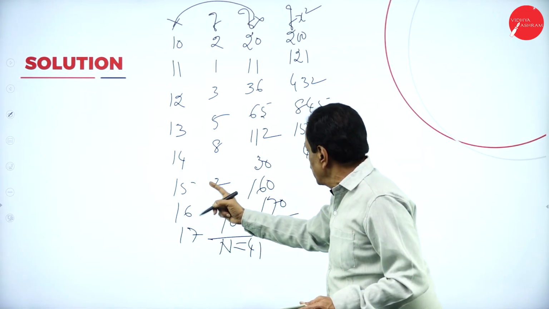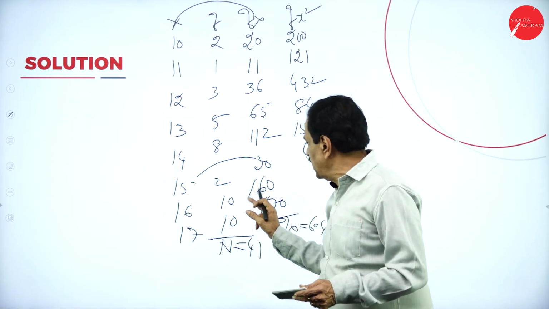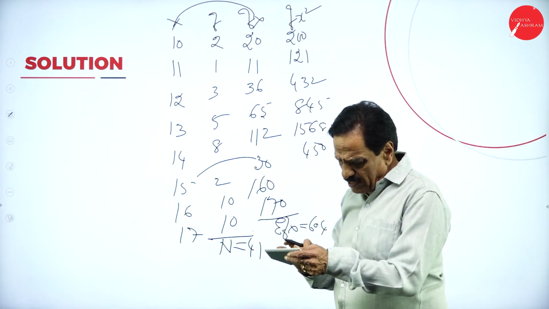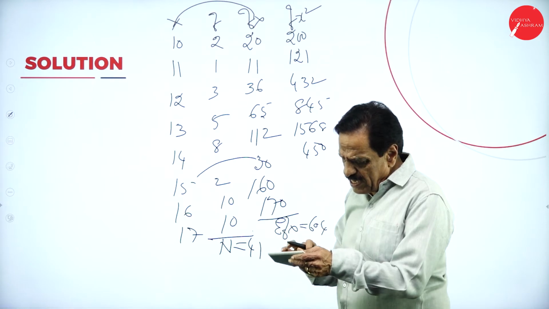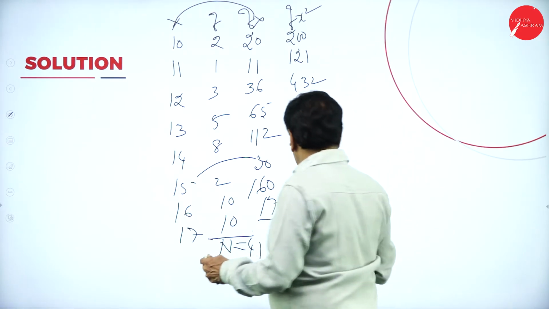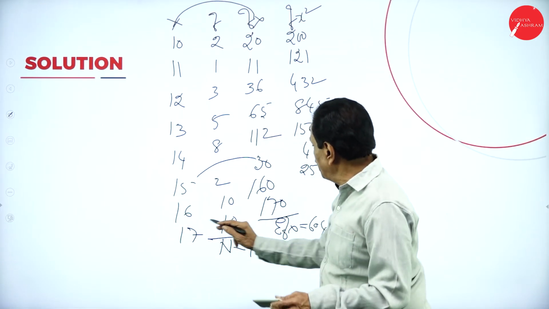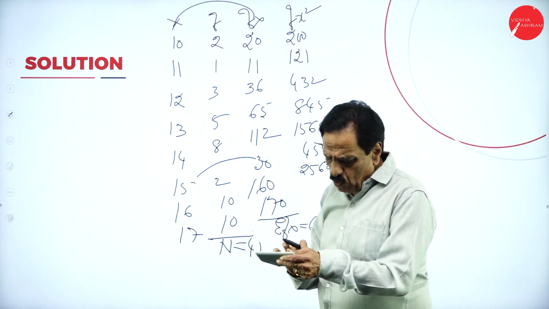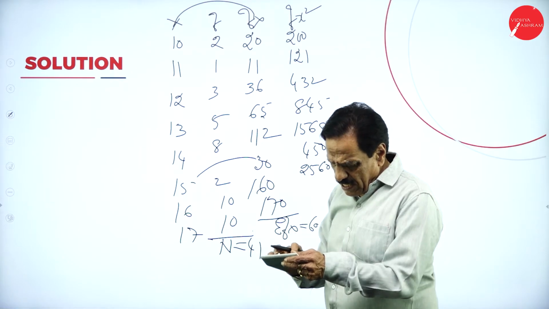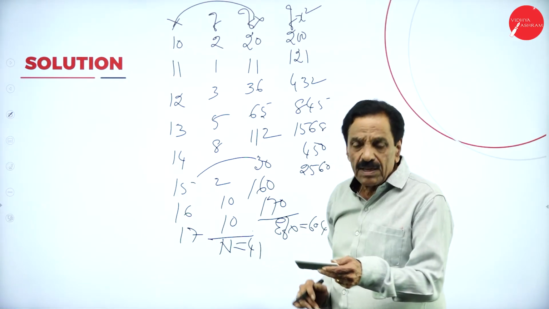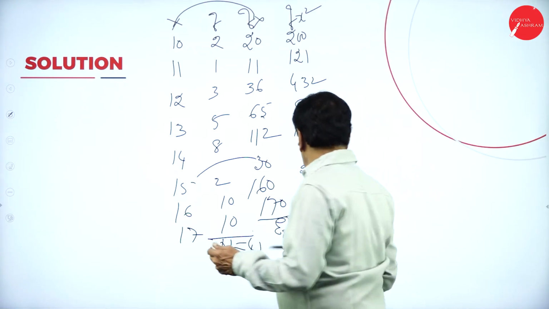Then 160 into 16 is 2560. Then 170 into 17 is equal to 2890.